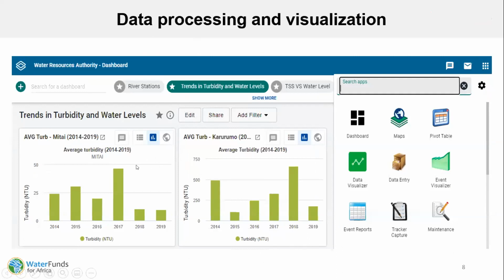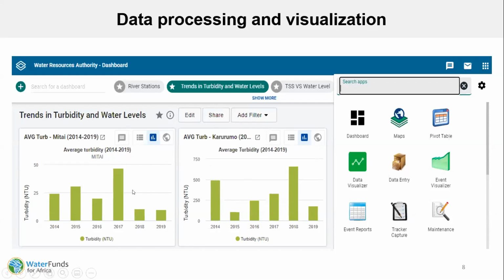This particular dashboard, for instance, communicates to the project manager the trends of turbidity in a treatment micro catchment where the project is implementing its activities, and this is where there's a control where the project is not implementing its activities.